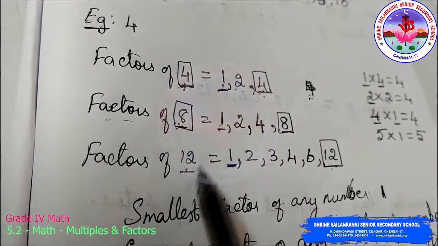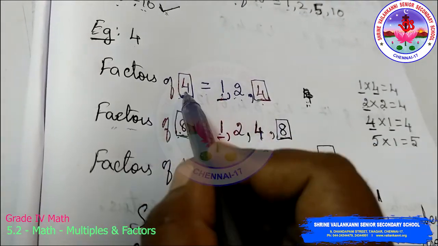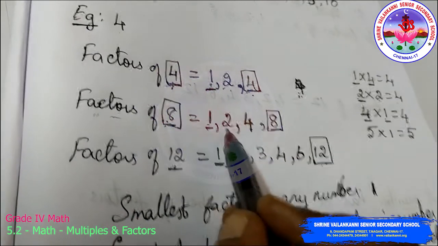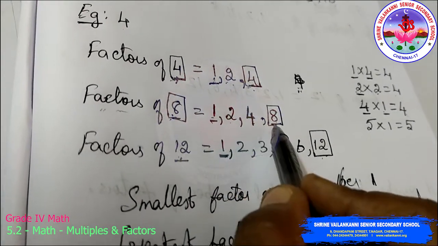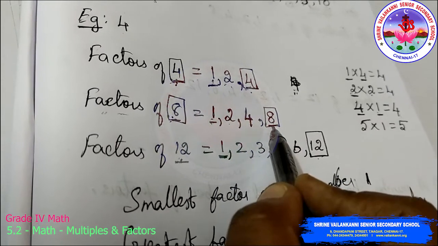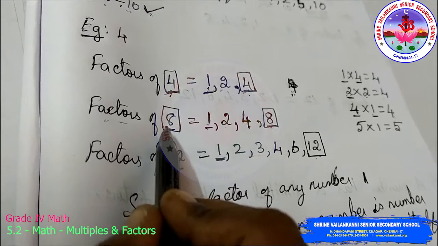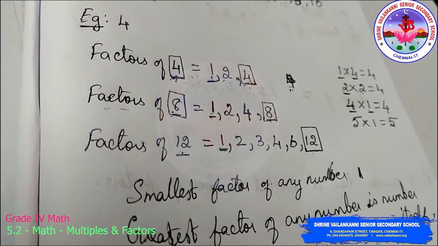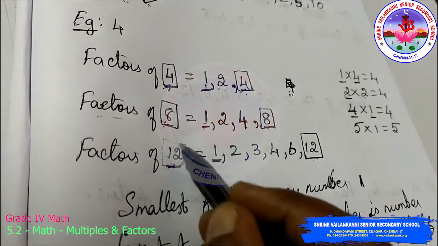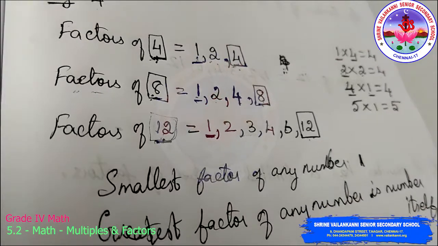If you take any number, the greatest factor will be the same number itself. If you compare 1, 2, 4, 8, which is the greatest number here? 8. So, this 8 is the greatest factor of 8. Understood? The greatest factor of any number will be the same number. Whatever number you take as a question, the same number will become the greatest factor of that particular number.